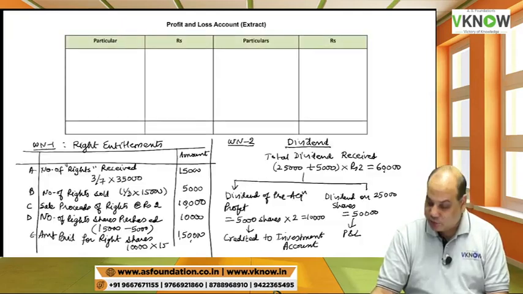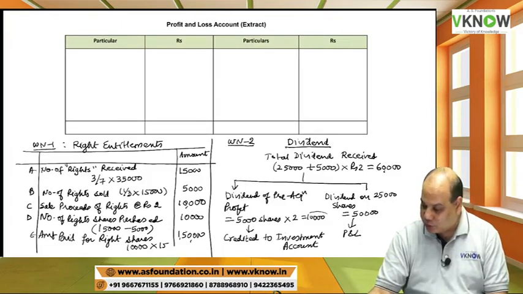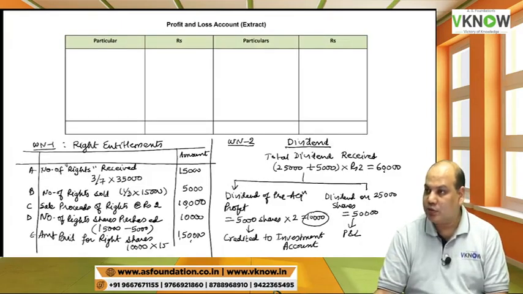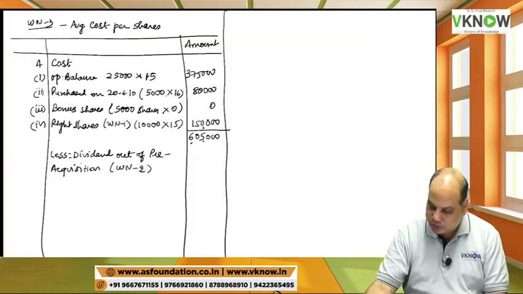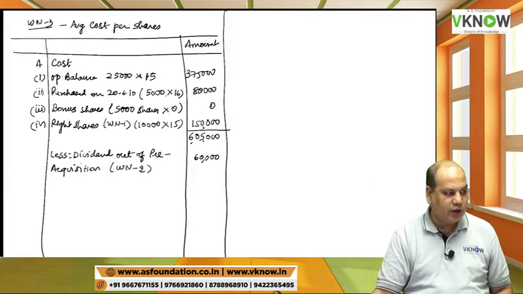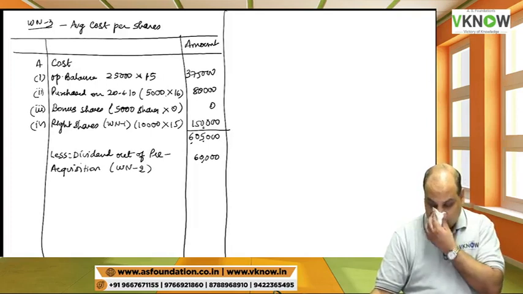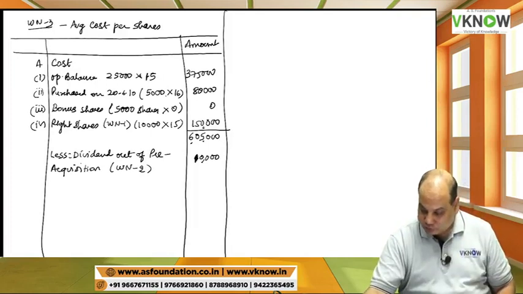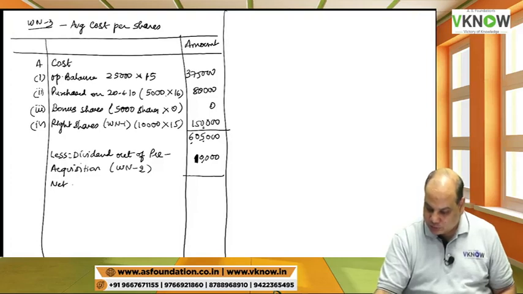Check dividend out of pre-acquisition profit below. Can you see this 10,000 rupees? Yes, deduct. This is an important 16 mark question. This question was asked for 16 marks. So now you get the net cost of acquisition.